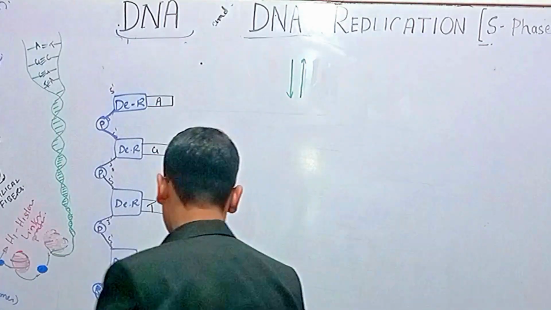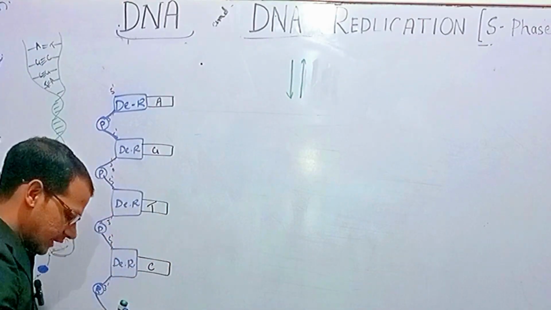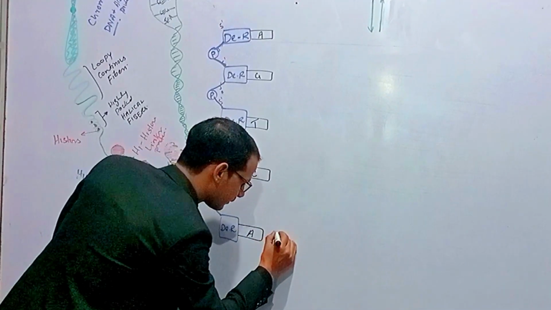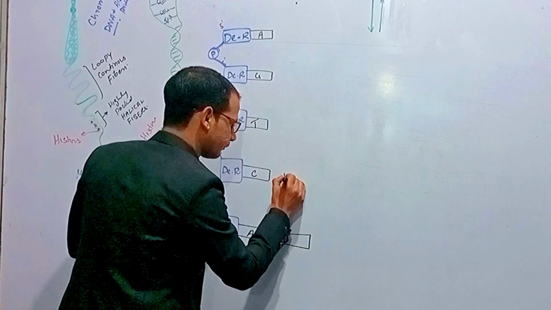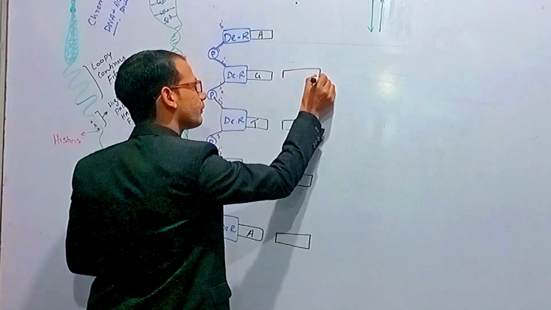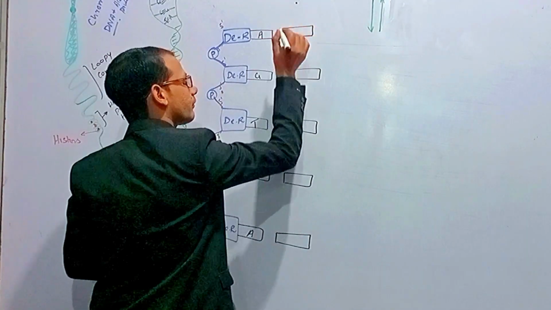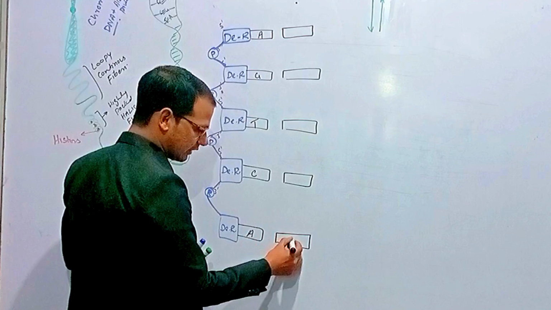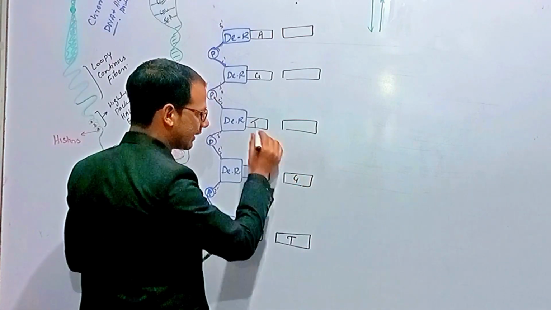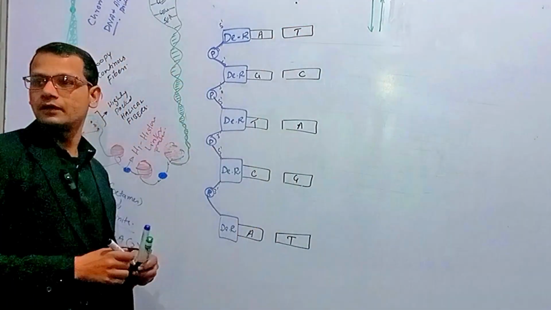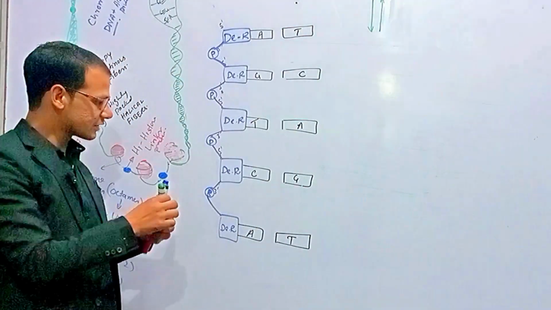For example, these are the nitrogenous bases. The anti-nitrogenous base to adenine is thymine, guanine, adenine, cytosine, and thymine, right? But this trend is opposite.